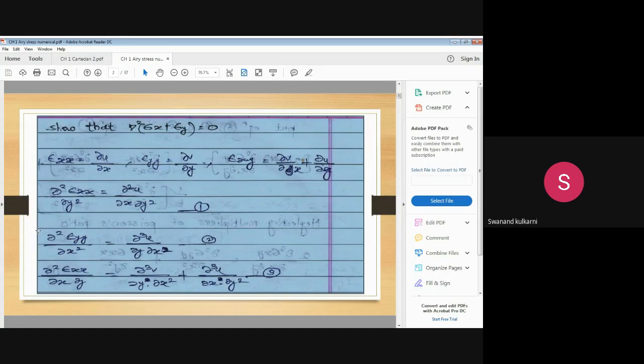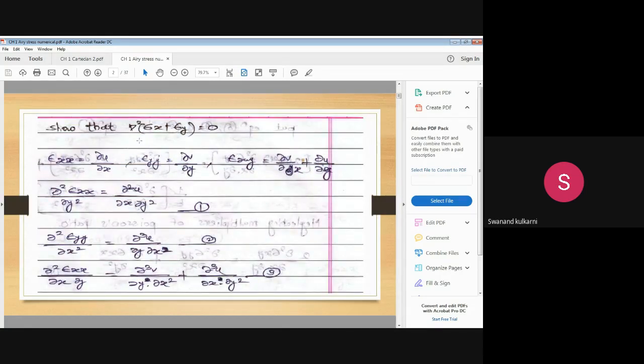Then let us take εyy = ∂v/∂y. So this we have proved, and now this equation we are differentiating with respect to x two times.